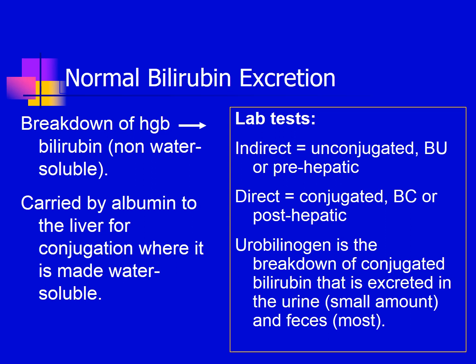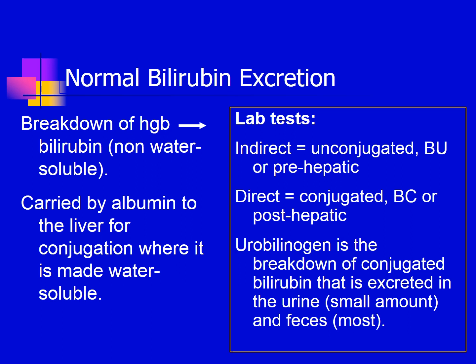What happens with normal bilirubin excretion? Usually hemoglobin breaks down into bilirubin, and it's not water soluble, right? It needs to be water soluble so that it can be excreted. So it's carried by a protein, albumin, to the liver for conjugation, where it is made water soluble, and then it can be excreted.